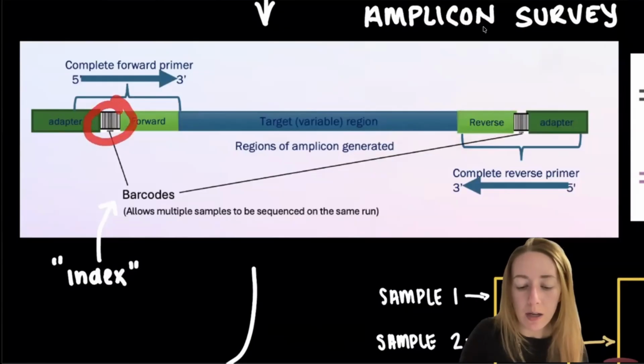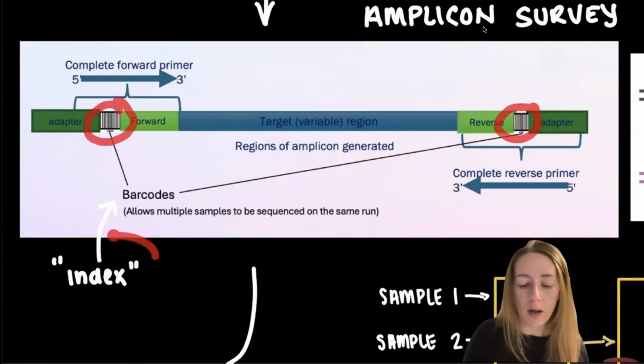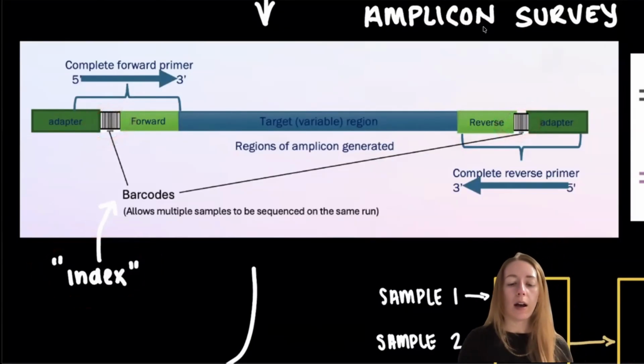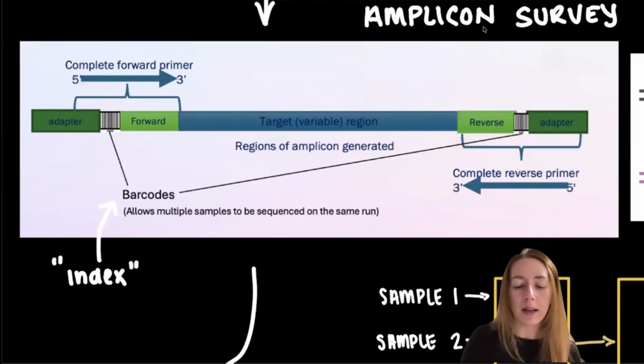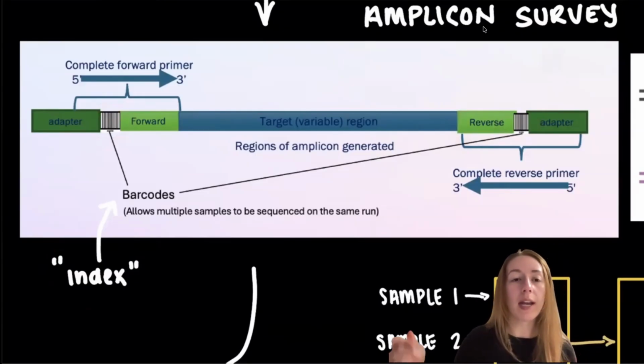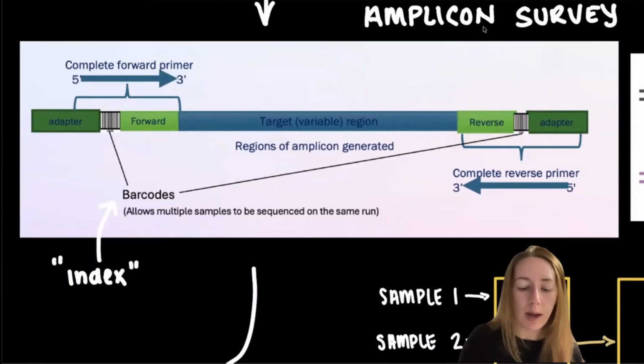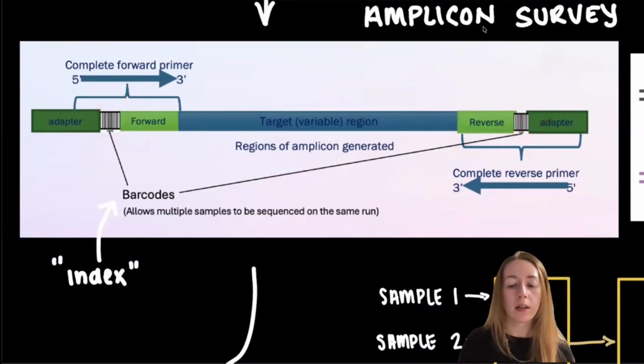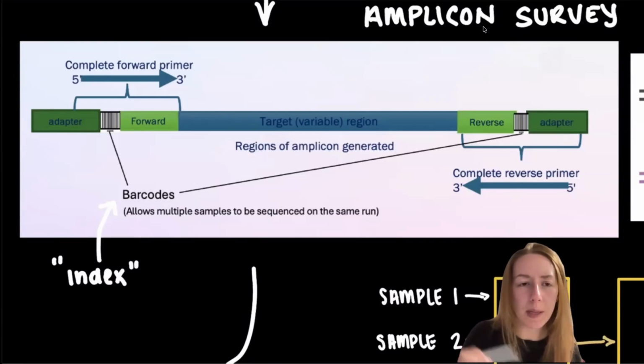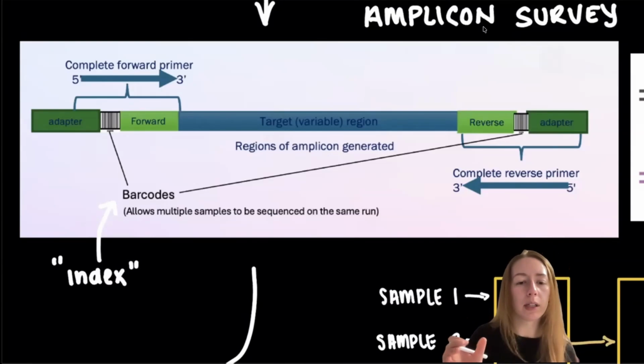And then we have something called barcodes over here, also called an index. Those are there because you're eventually going to pool all your samples into one tube, okay? And then you'll have to re-identify them later. And so having these barcodes basically tells you which sample each amplicon came from. So every sample will have its own barcode, which is basically a small chain of nucleotides.